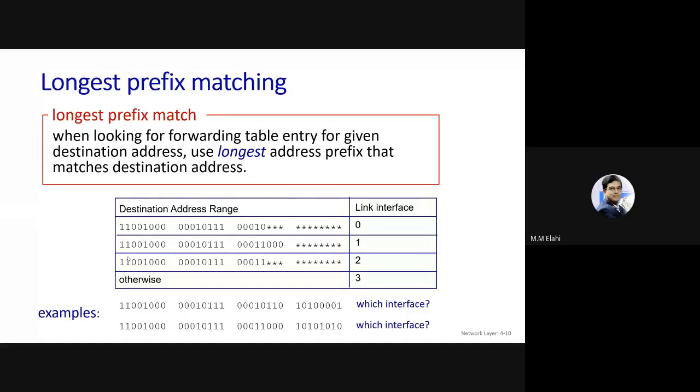So this can happen, and this is a very important phenomenon in routing, especially in the internet, when we connect to the internet through an ISP, right? So the ISP gives us some block. If I change the ISP, then what will happen?